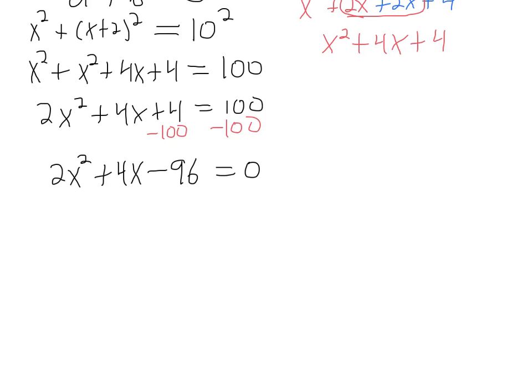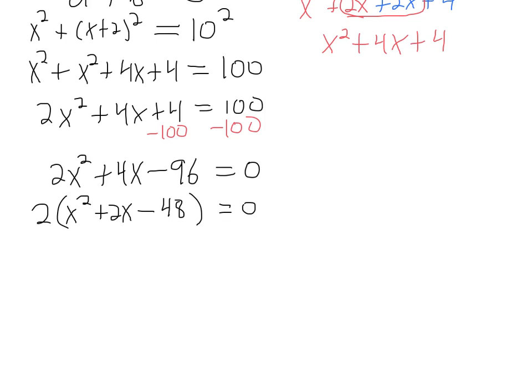Okay, we need to factor this. The first thing you always look for in factoring is a greatest common factor. In this case, there is a 2 in common with all of the terms. Factoring the 2 out leaves x squared plus 2x minus 48.